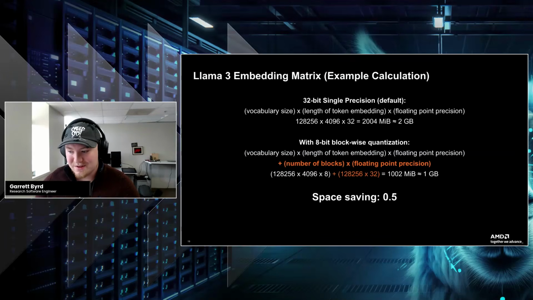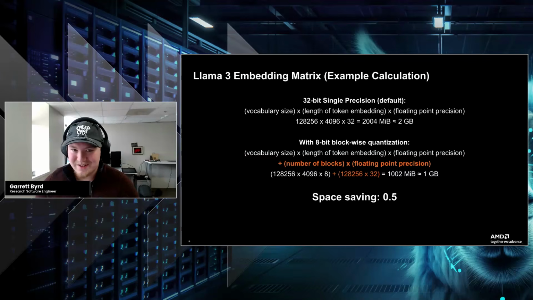We have to consider the memory footprint of saving those scaling factors, those denormalization factors, highlighted in orange here. Even with this rudimentary implementation, we get a space saving of 0.5. So we essentially cut our memory footprint in half just for this one set of parameters.